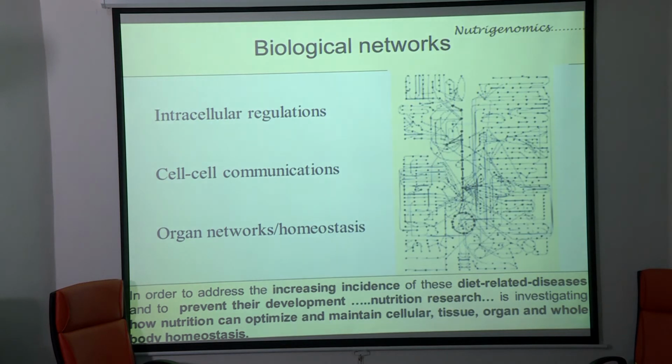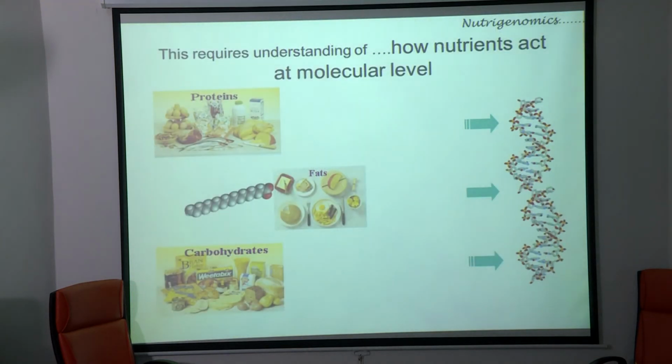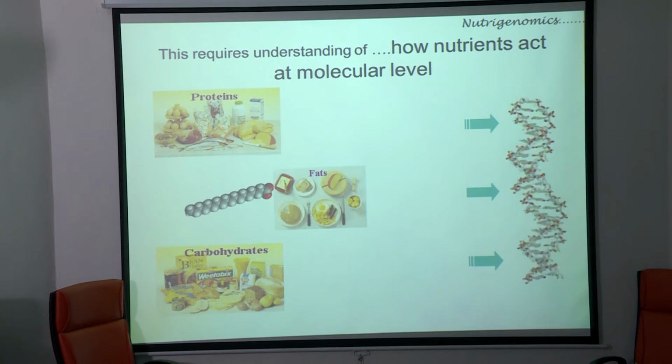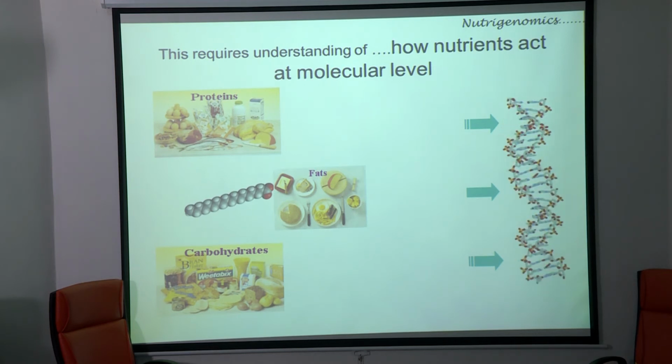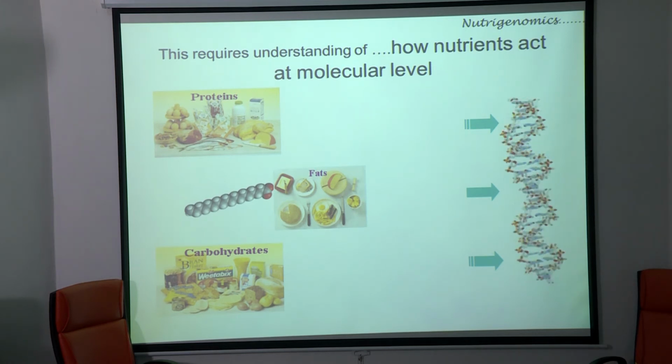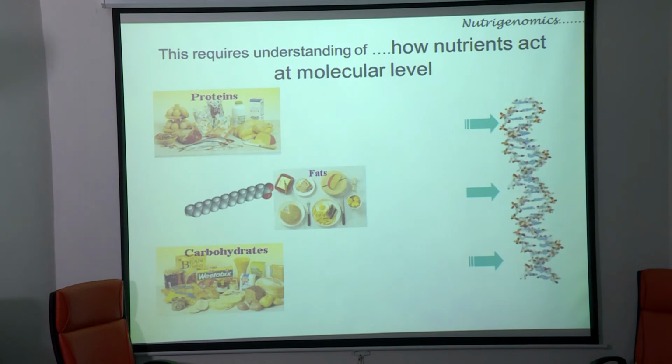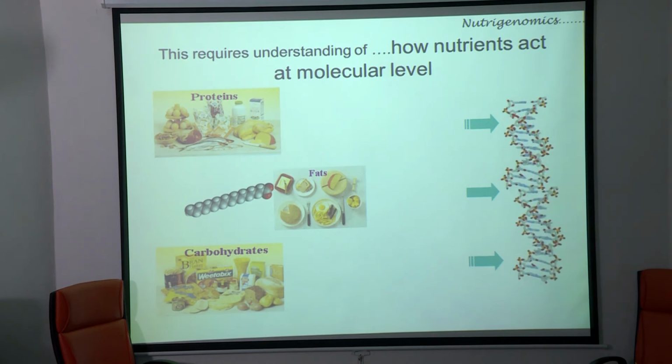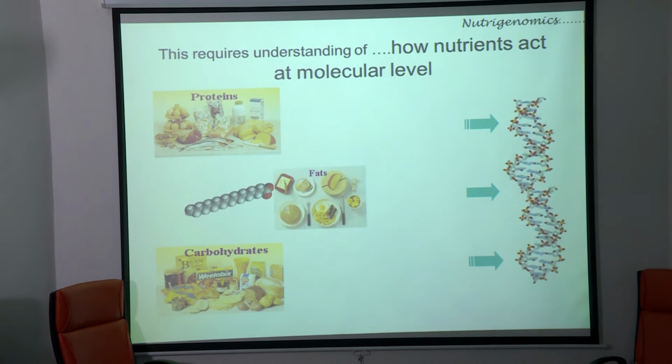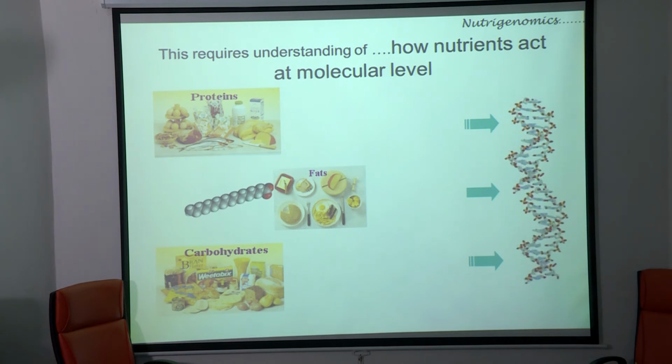So, we have to consider biological networks in totality, whether at cell level, tissue level or organ level. We have to understand how exactly these nutrients act at the molecular level. Now, it's not just your taste or hunger which you have to satisfy, you have to see what impact your nutrition is having on the genes.